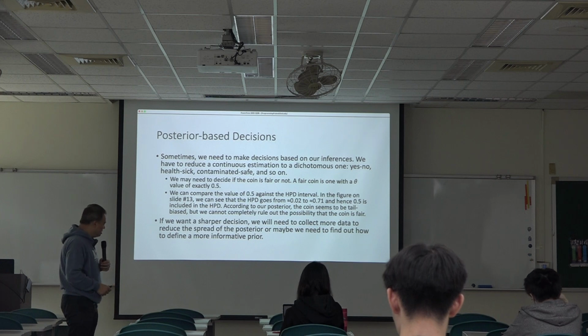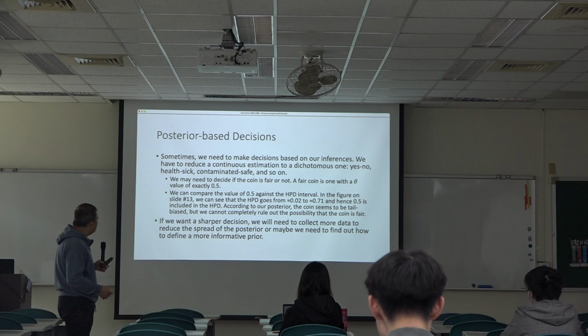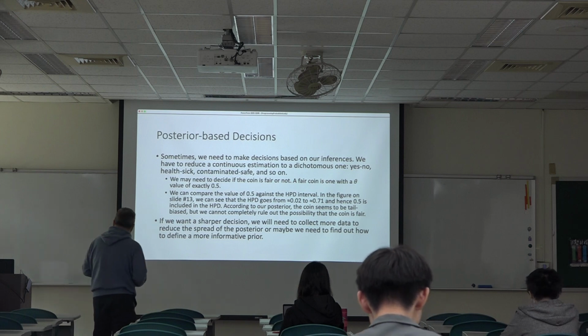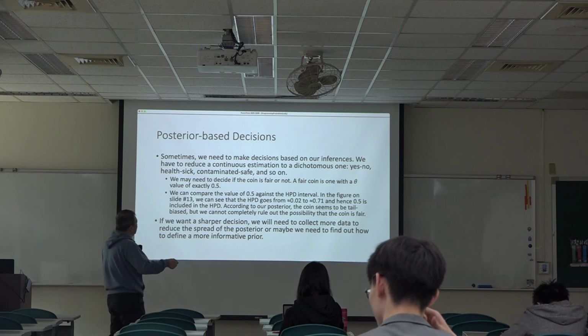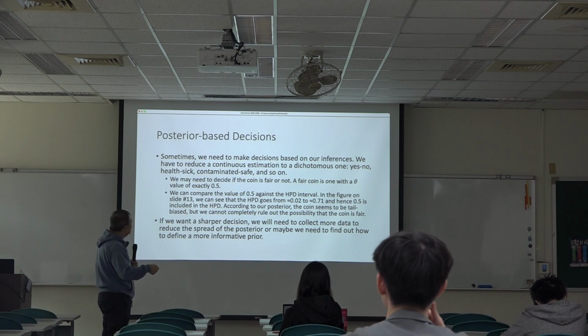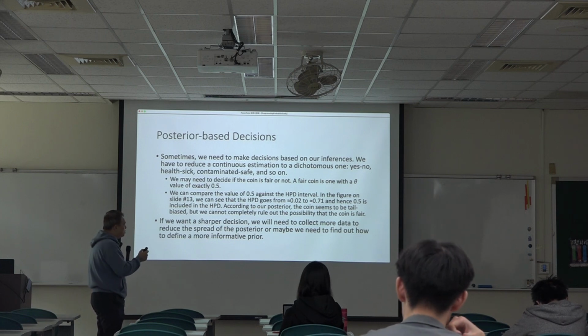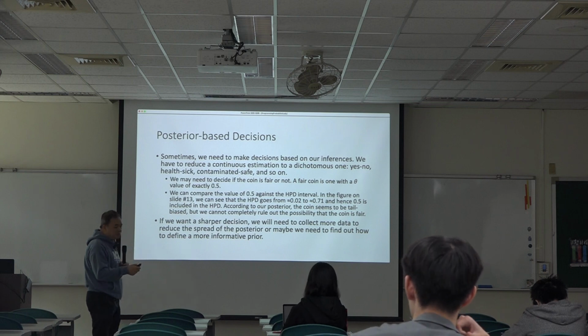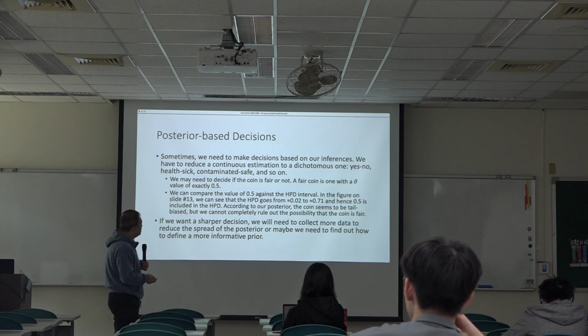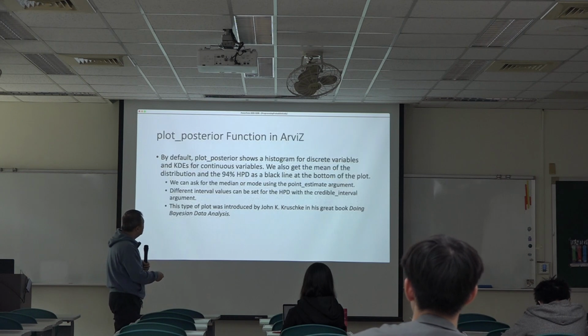All dichotomous questions can be modeled by coin flipping anyway. So coming back to coin flipping, if you want to decide if the coin is fair or not, what do we do? One way to do it is to compare the value of 0.5 against the HPD interval. The HPD interval is from 0.02 to 0.